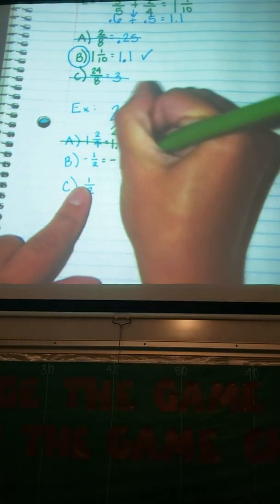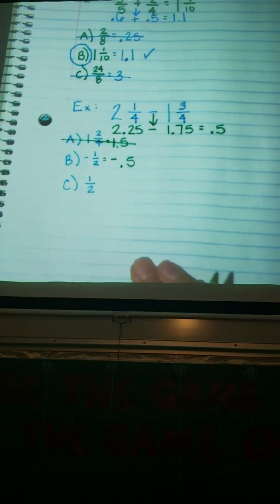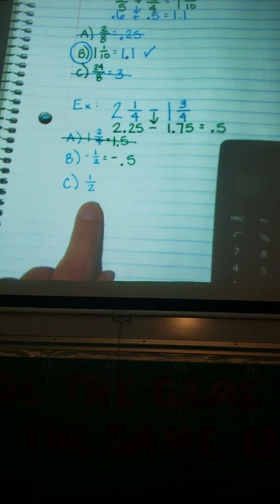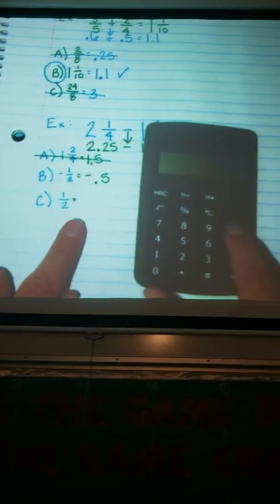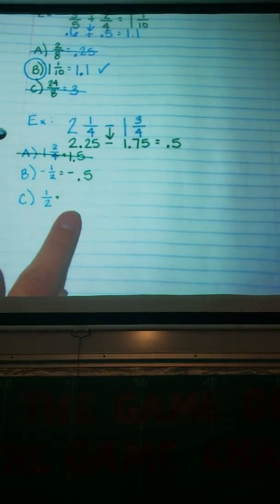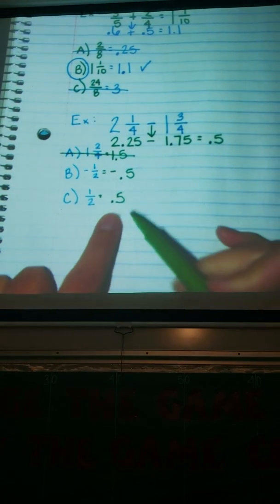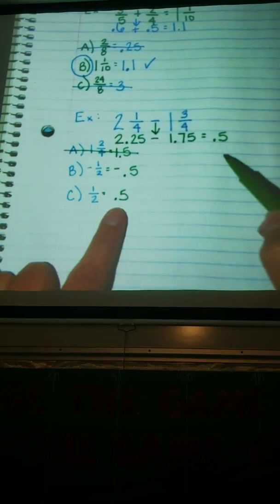My answer is 0.5. So maybe that's an option. All right, let's look at C. C is 1/2. So we're going to plug it in. So 1 divided by 2. Well, that one's 0.5. I have 2 answer choices that have a 0.5 in them, and my answer is 0.5.